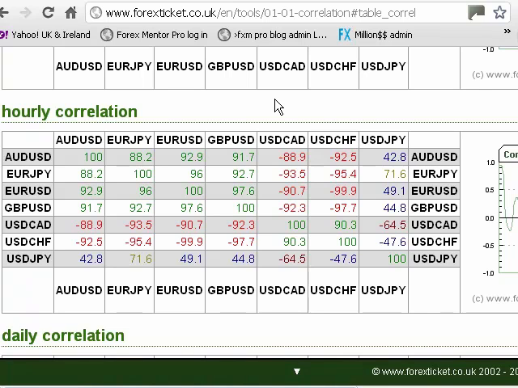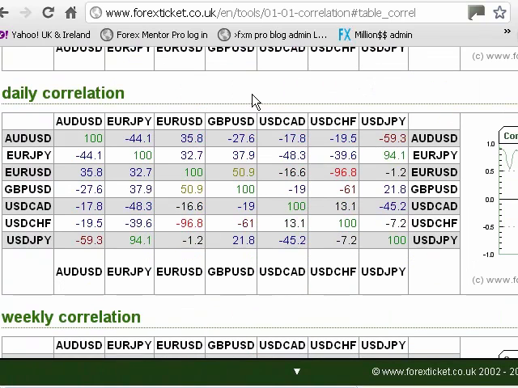Now, this does change. If you look back over a longer period of time, then the figures will be different. Also, the figures are different when we look at a daily correlation. For example, on the daily, the Euro Yen and the Aussie dollar is only correlated opposite 44% of the time, so it's not as great. And for example, in this case, the dollar Swissy is only 19% of the time opposite direction. It's just something you need to pay attention to.